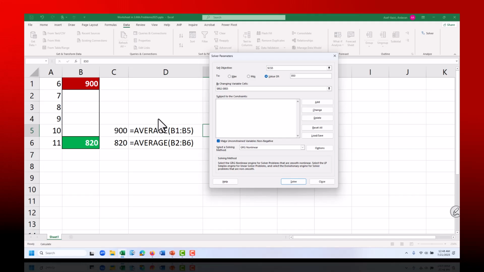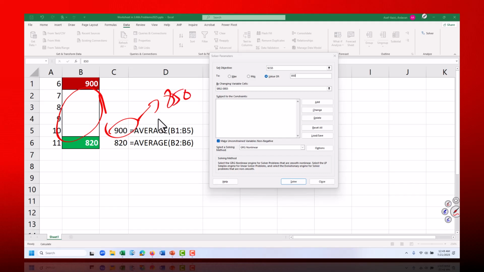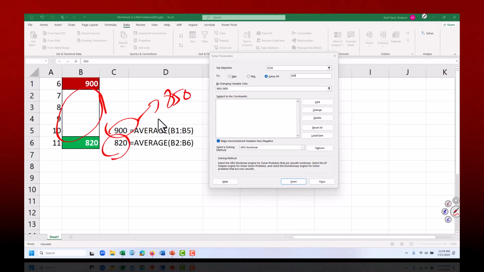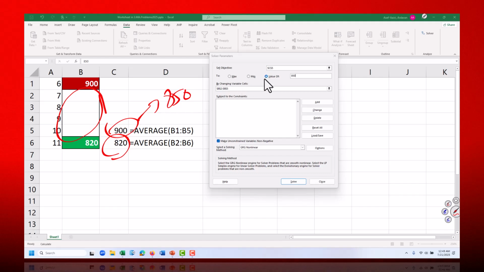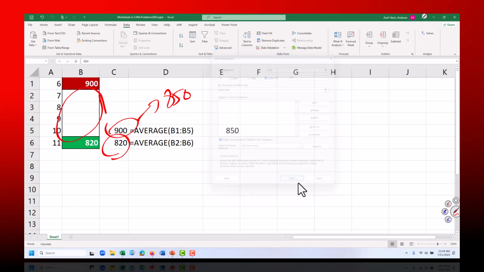Please change those numbers here such that this average comes out 850, and then I will know what my average for period 11 is. Value equal to 850. Change these numbers. Solve. Those numbers are changed.